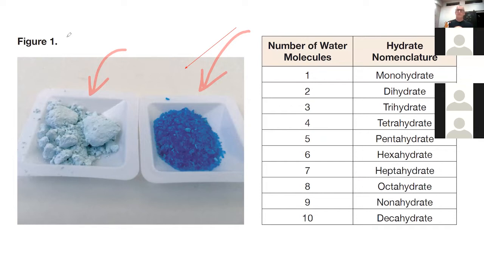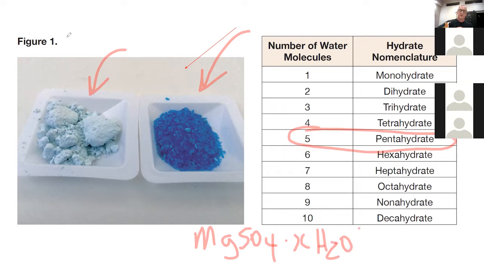So if copper sulfate is a pentahydrate, what is the magnesium sulfate that we're using? How many waters are in that crystal? Did you look at the label? 7. Excellent. You looked at the label.